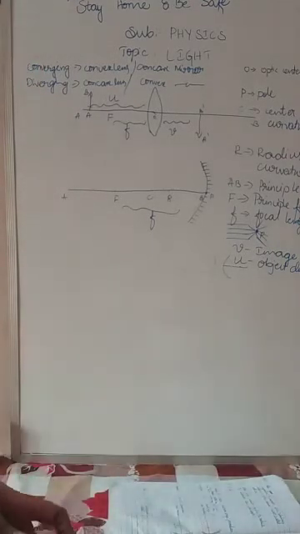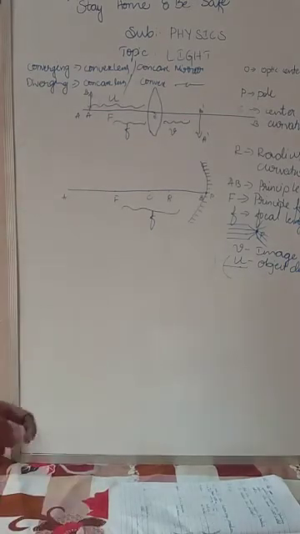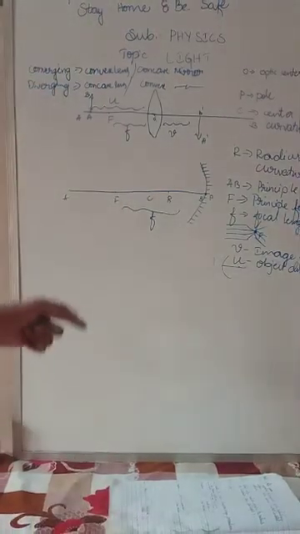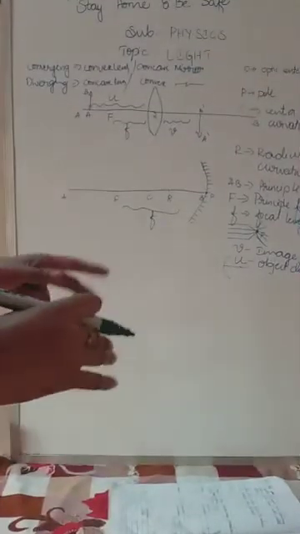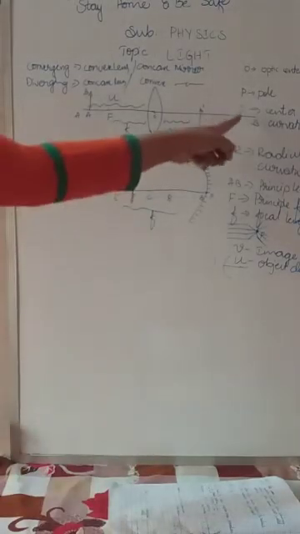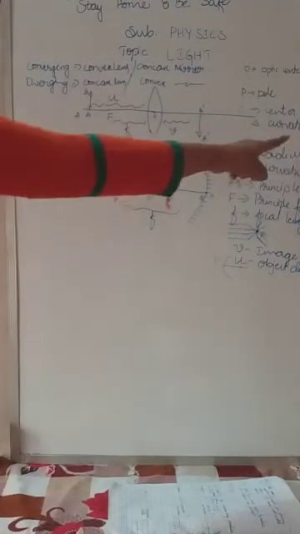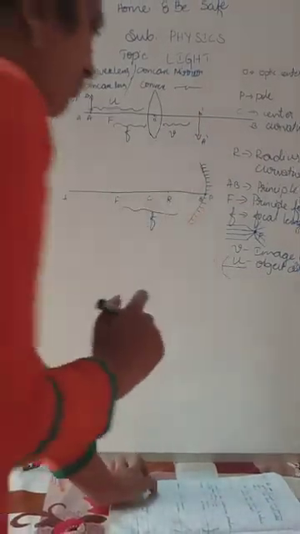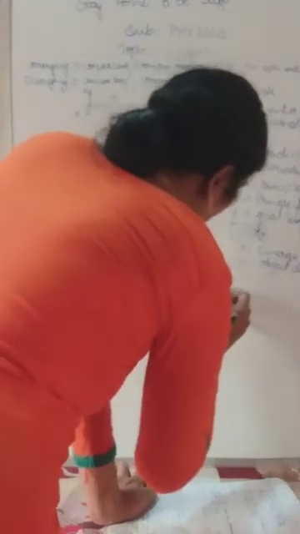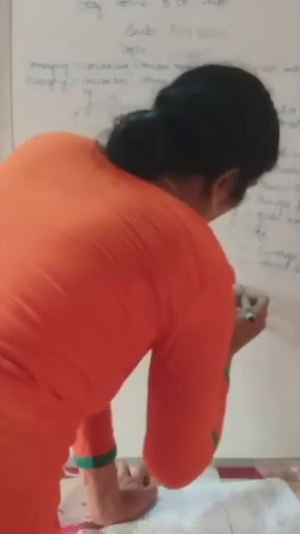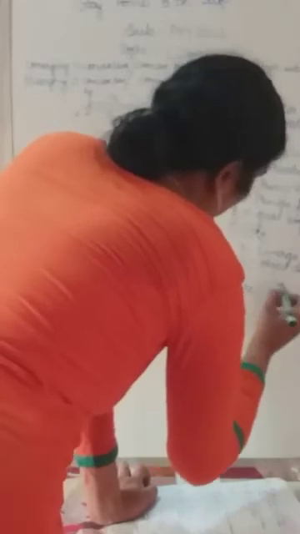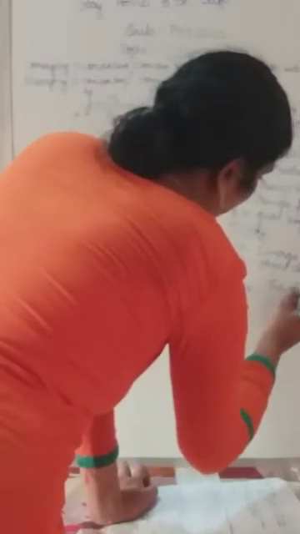The next is aperture. What is meant by aperture? Here we have taken the center of curvature, which is the center of the reflecting surface. The center point of the reflecting surface is called the center of curvature. The radius of the reflecting surface is called the radius of curvature, and in the same way the diameter of the reflecting surface is called the aperture.